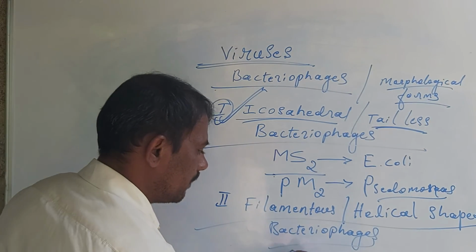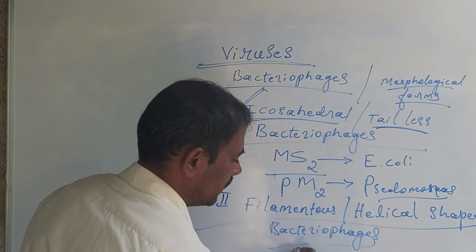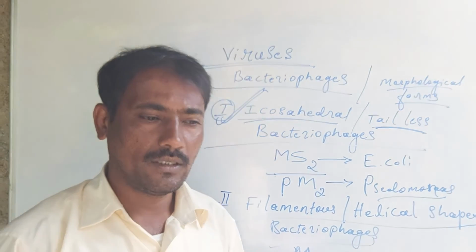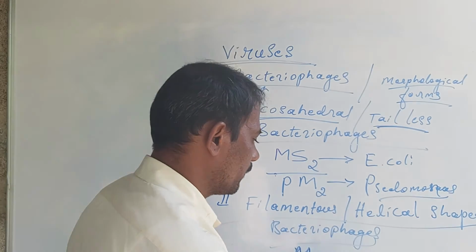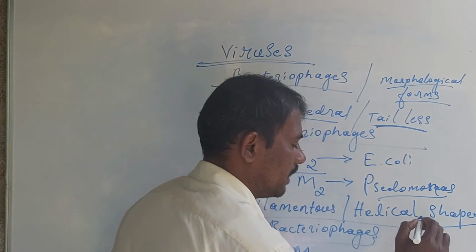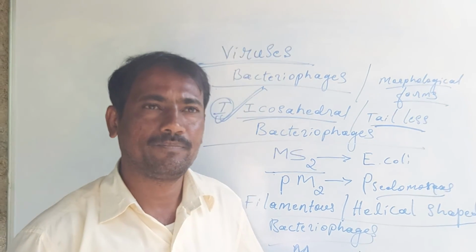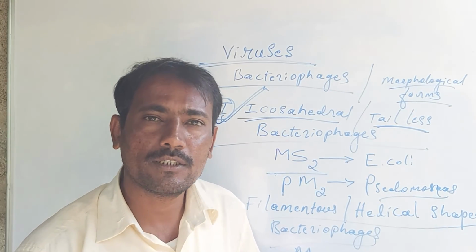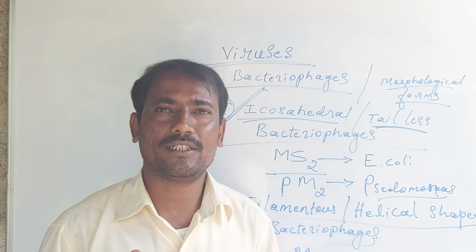A good example may be given here: M13, the bacteriophage. This virus particle also infects the Escherichia coli bacterium, and inside it, it replicates. The reproduction or multiplication of virus particles is commonly termed the replication process.